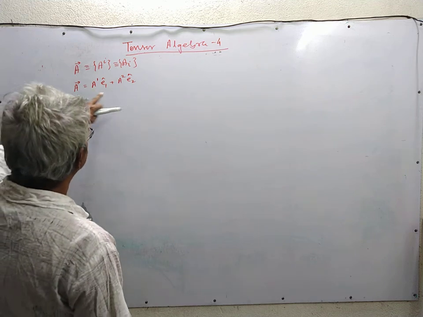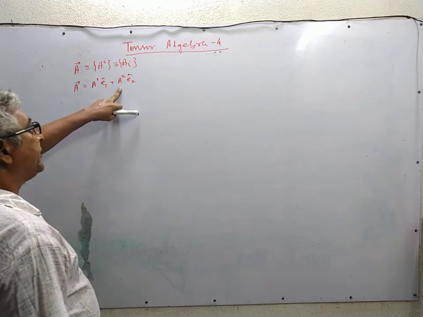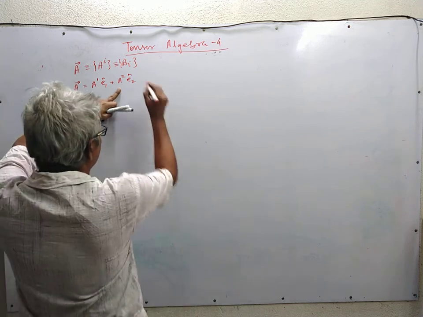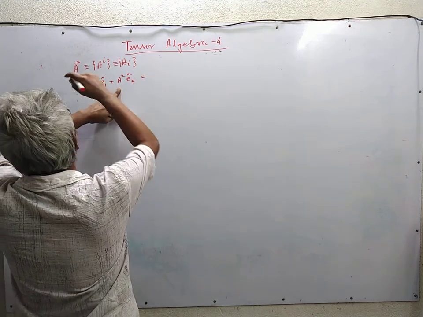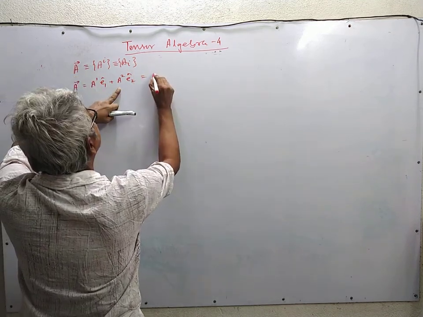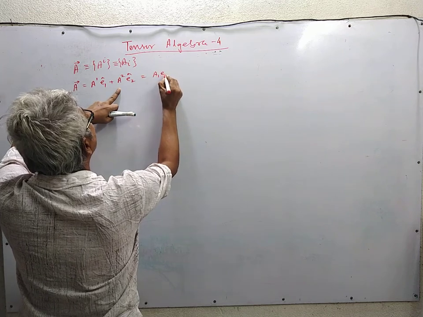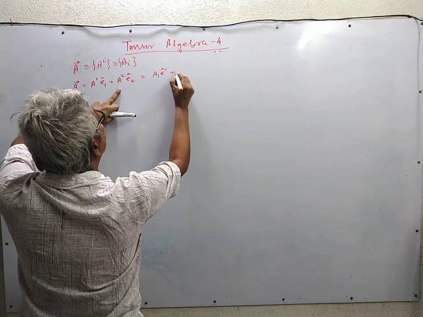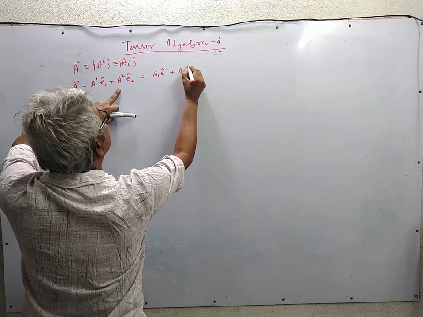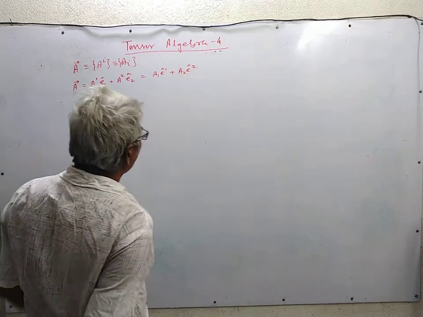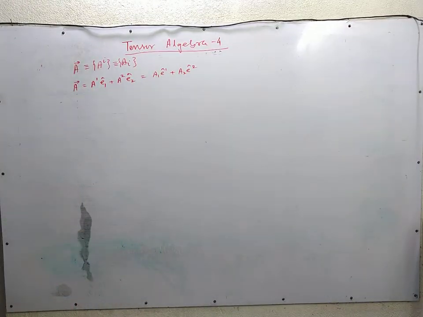So these are the contravariant components of vector A, and this same vector A can also be written as A1 E1, A2 E2. What is the meaning of it?